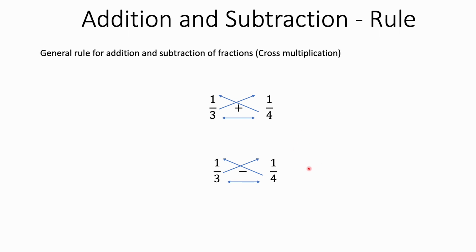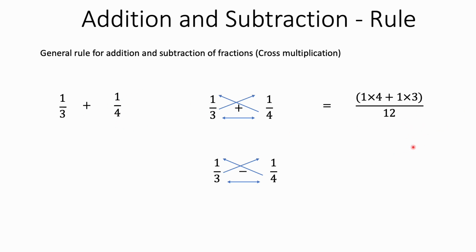This is how it looks. 1/3 plus 1/4 cross multiplied becomes 1 times 4 plus 1 times 3, divided by 12.